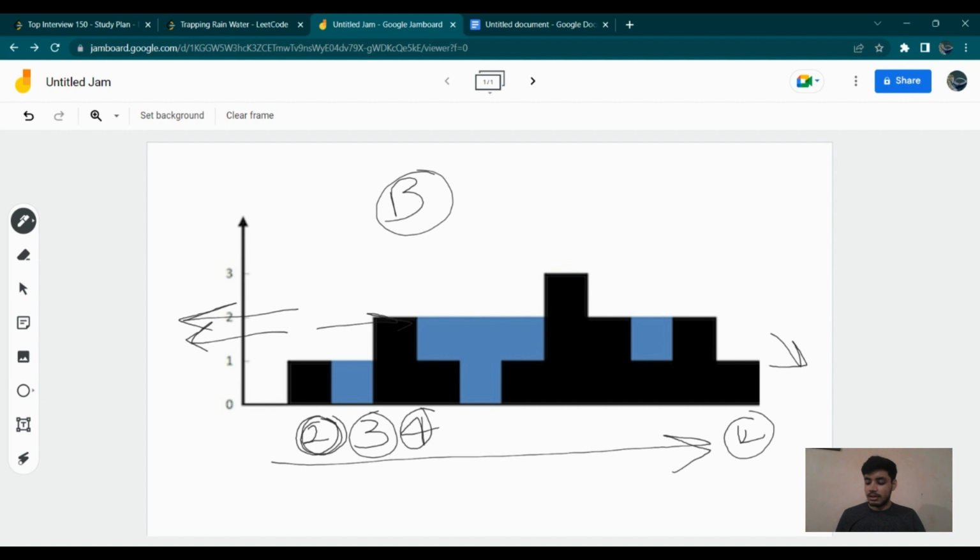Now when you move to the 11th index, you increase the maximum to 1 due to the previous one. Now when you move to the 10th index, you increase the maximum to 2. That's how we are going to store our maximum for after in our P. So in B, it is going to store the maximum for every index before it, and in P, we are going to store the maximum for every index after it.